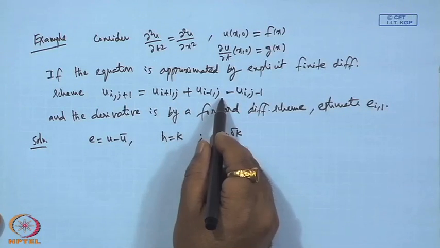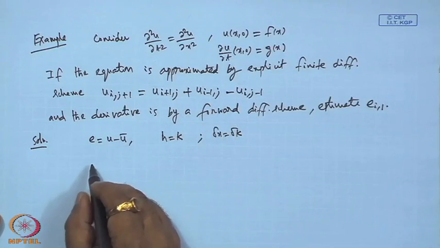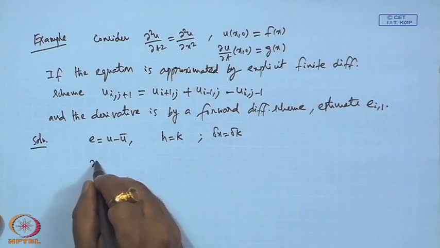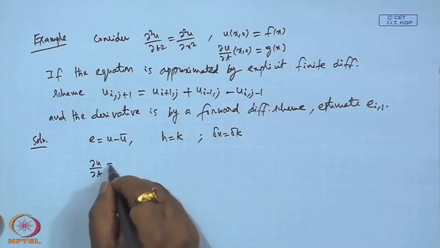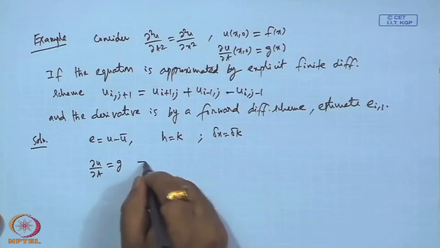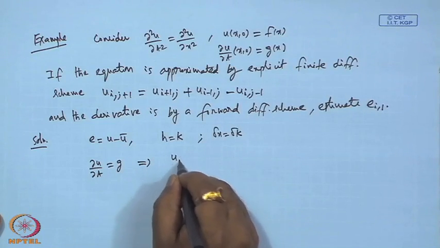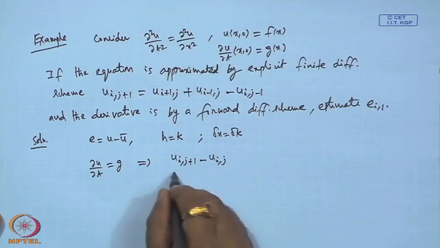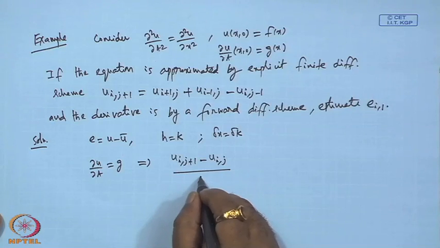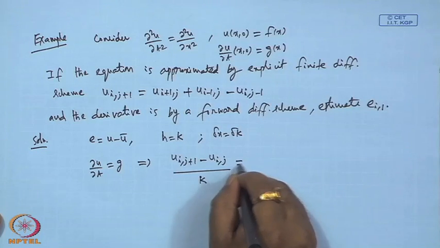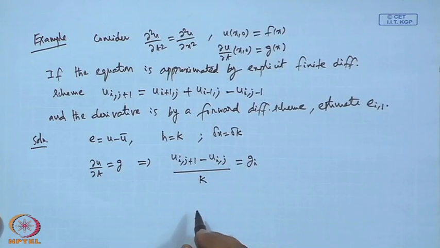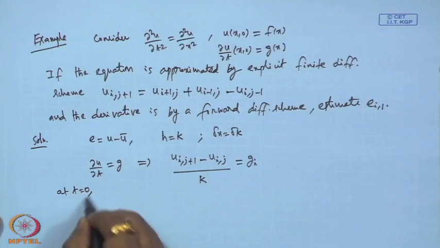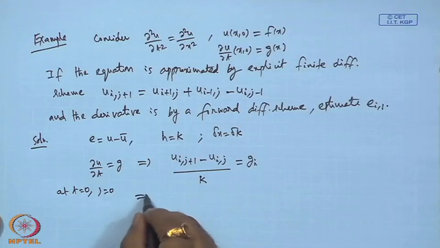So, this is the explicit scheme and the derivative is to be approximated by forward difference. So, this implies u_t at k equals g I. However, this is true at t equals 0, j equals 0.